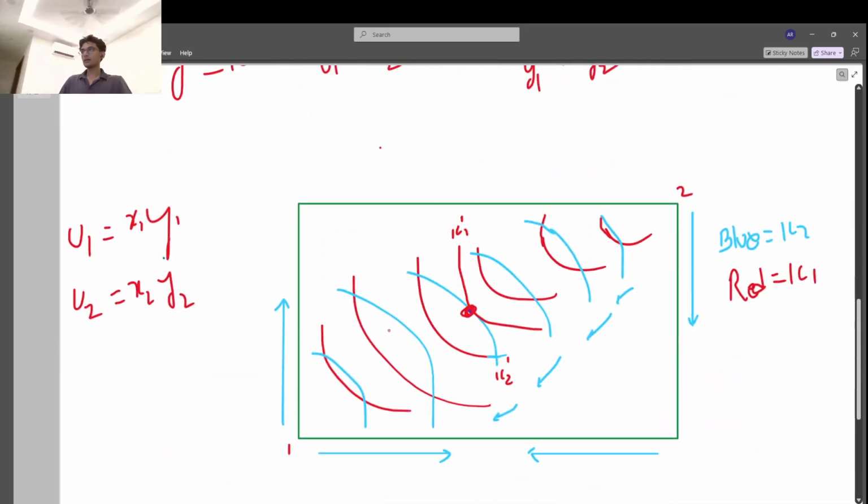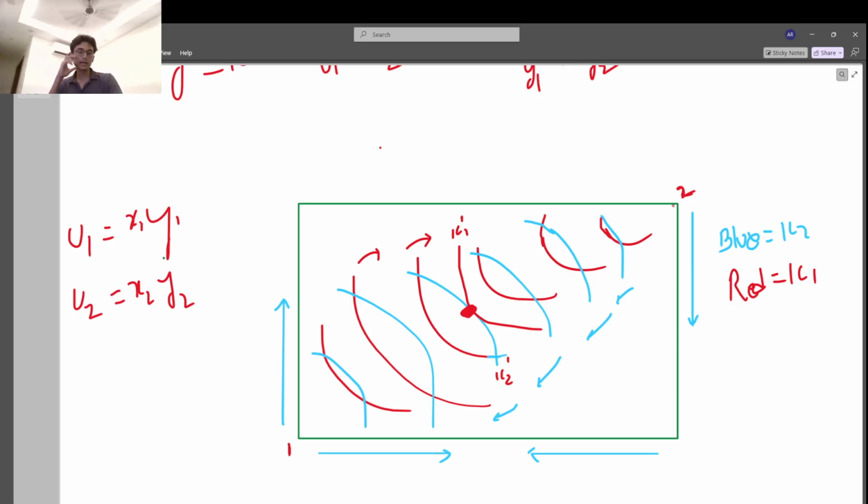So at the point we took here, can you find a point where person A can attain a higher level of utility, as well as person B?